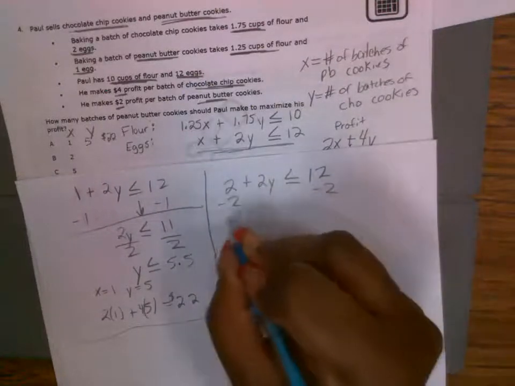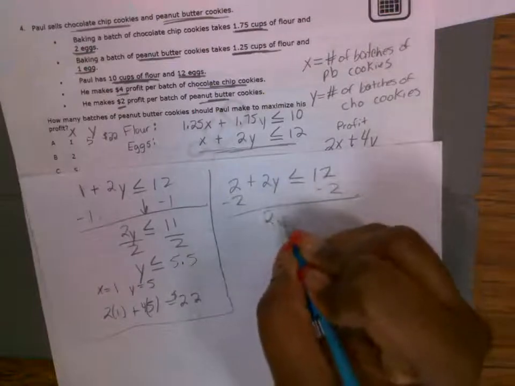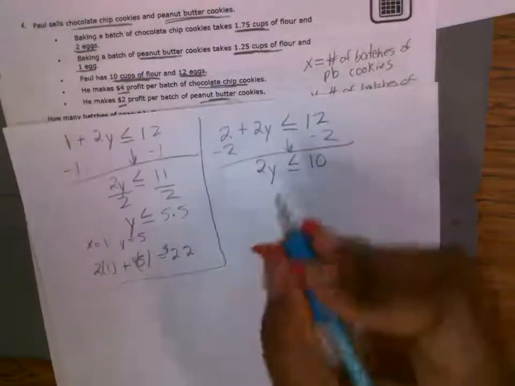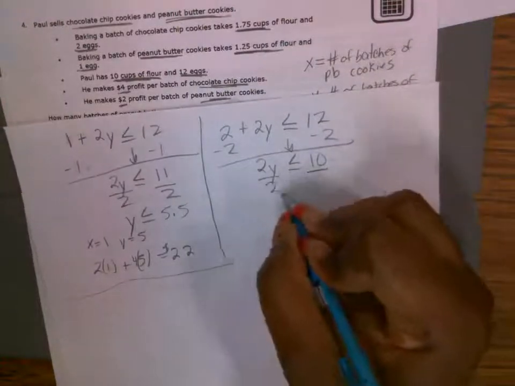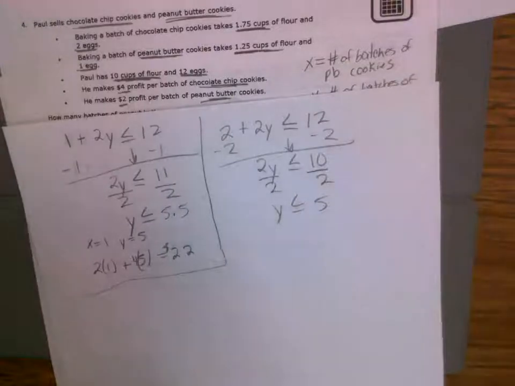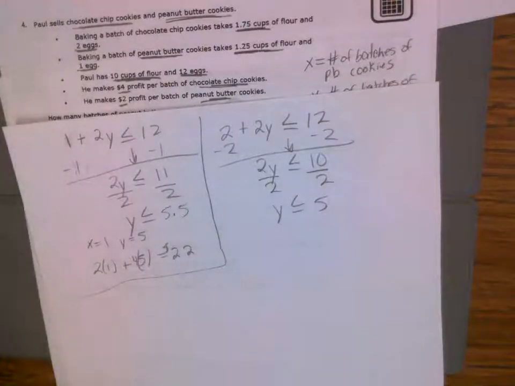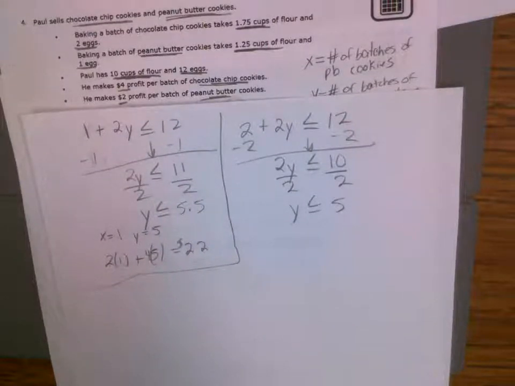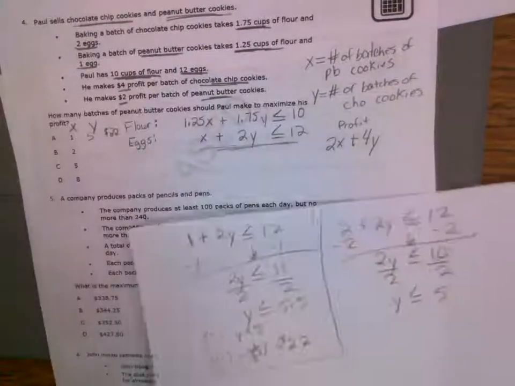Subtract 2, this is going to be 2Y equals 10, and when you divide by 2 on both sides, this gives you 5 here. Hold on. Yeah, that's right. That gives you 5.